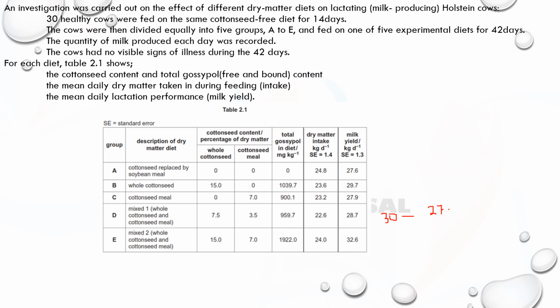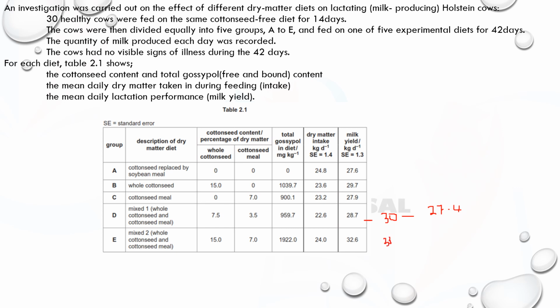So we are trying to look at trends. Now this is for this. Do the same for this one. For E, I'll just say 32.6 plus 1.3 for milk yield. That's 33.9, the highest.